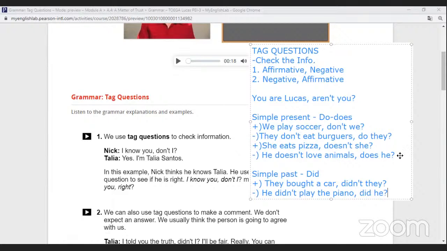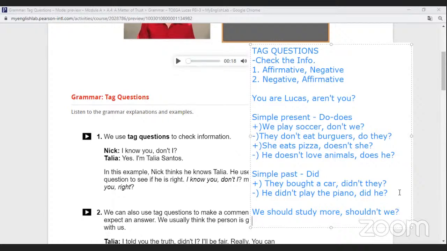Very good. Excellent. So besides this, we can use other auxiliaries, right? For example, we should study more. How is the tag question going to be? We should study more, shouldn't we? Very good, right?